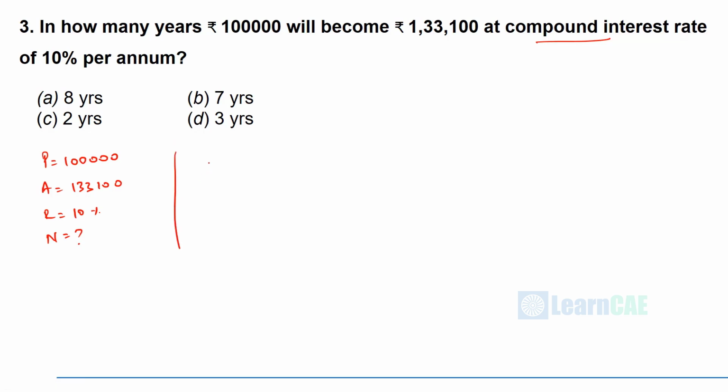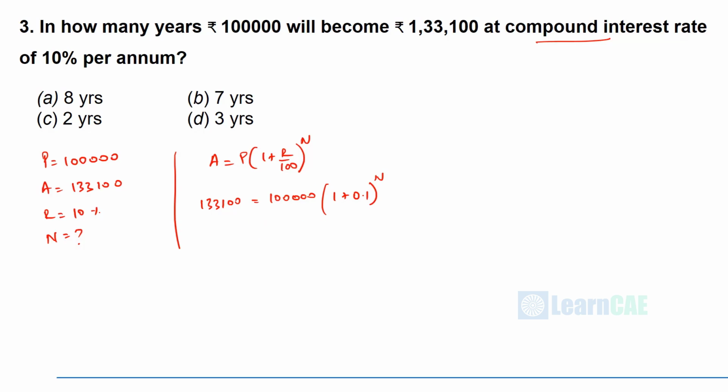Let us write the formula. Amount is equal to principal into 1 plus r by 100 power n. Amount is 133,100, which is equal to 100,000 into 1 plus rate of interest 10%, 10 by 100 is 0.1, power n.